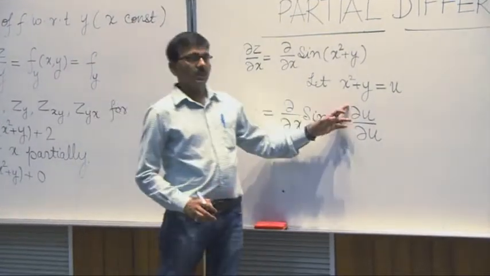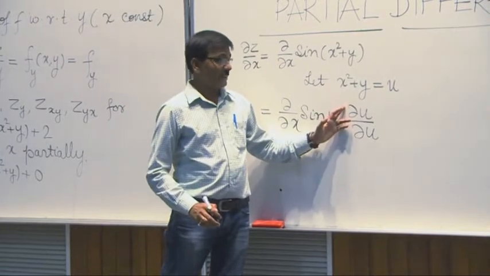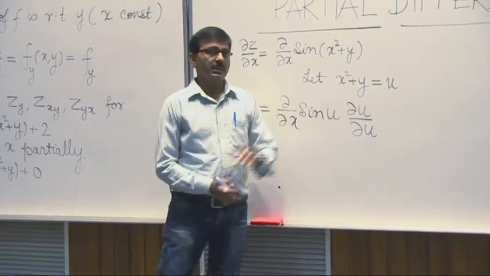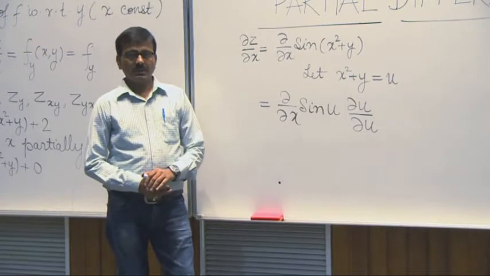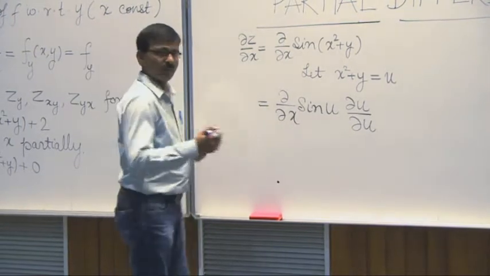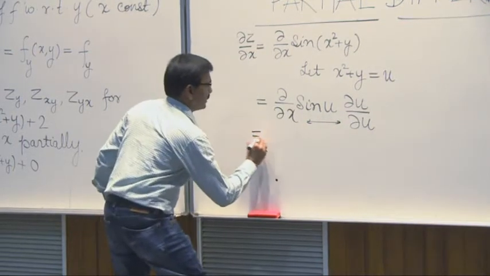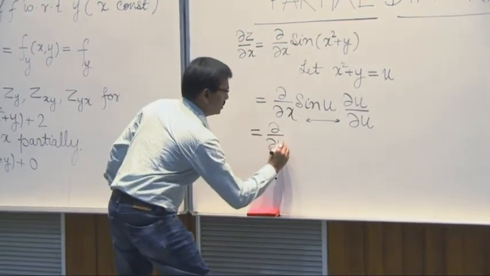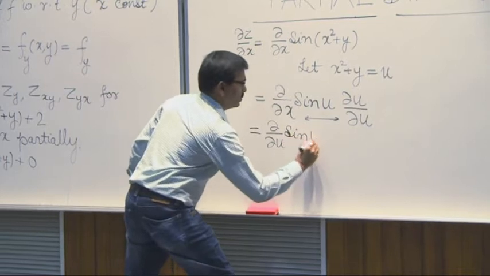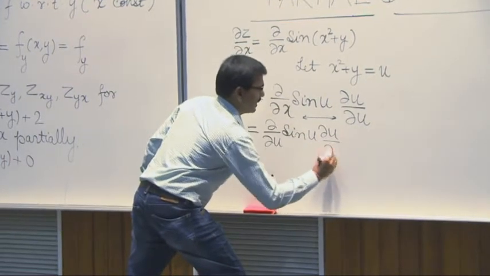We'll multiply by del u and divide by del u. Now, interchanging their position, this will be del u sine u del x.